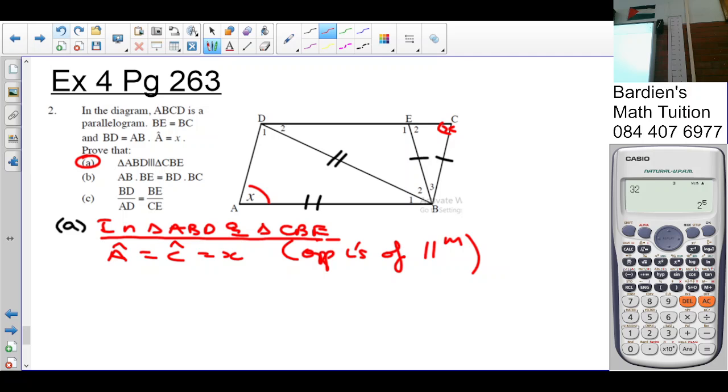Opposite angles of a parallelogram are equal. Okay, we can put equal there if you want. But here already we're saying they are equal. But if you're one of those girls that want to write too much, fine.